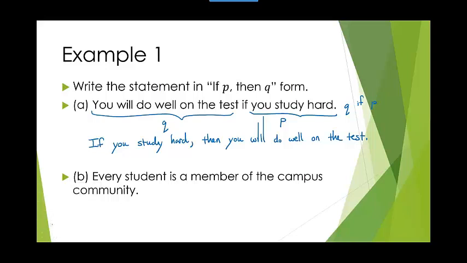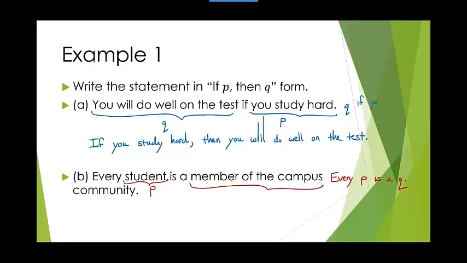Okay, and now for the next example, this sentence is of the form every P is a Q. And so in this case, student is P, that's it.